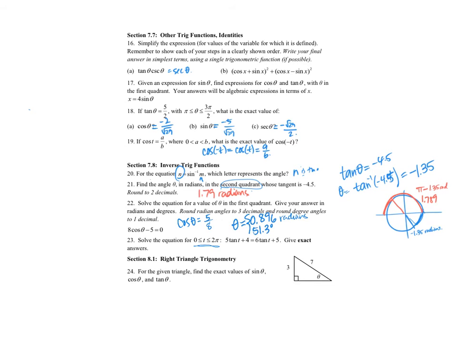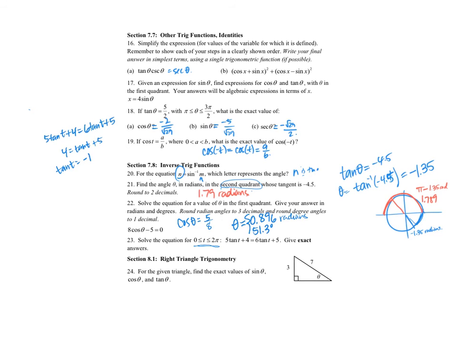So if I subtract 5 tangent t from both sides: tangent t plus 4 equals 6 tangent t plus 5. Okay, so I can subtract 5 tangent t from both sides. I get 4 is equal to tangent t plus 5, and I could subtract the 5, and I get tangent t is equal to -1.